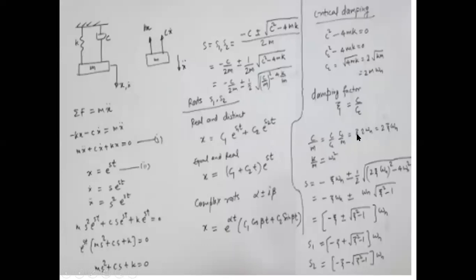C by Cc is zeta, the damping factor, and Cc by 2m is omega n. Why? Because Cc is equal to 2m omega n. So Cc by m is equal to 2 omega n. Let me show here.